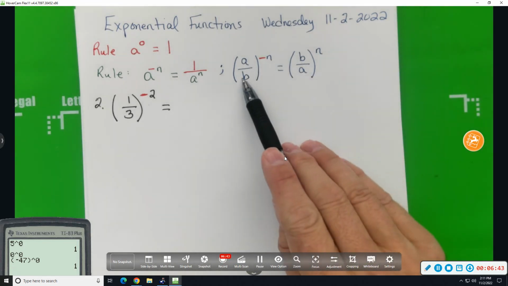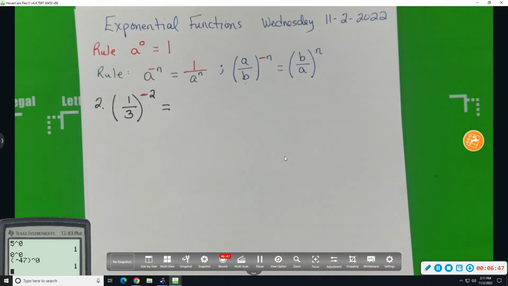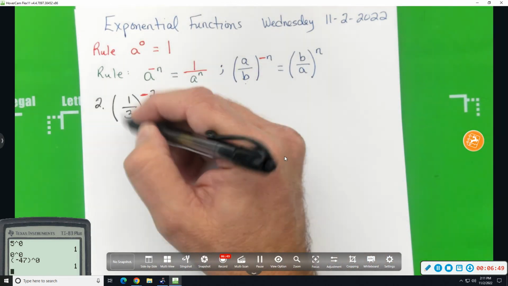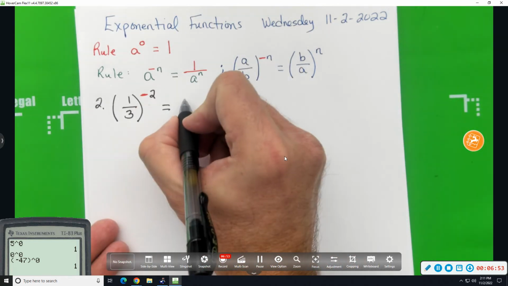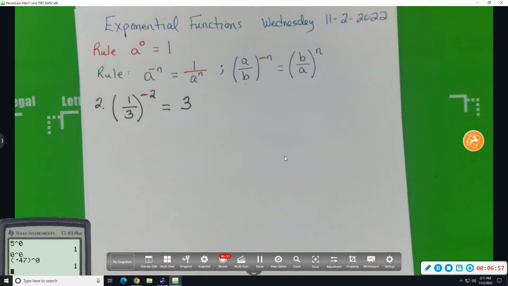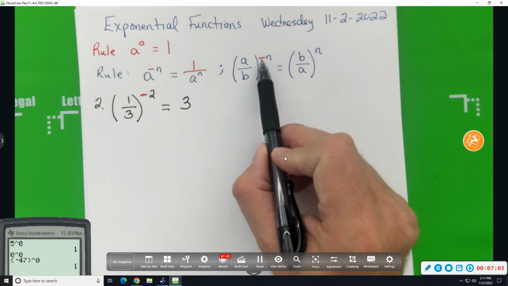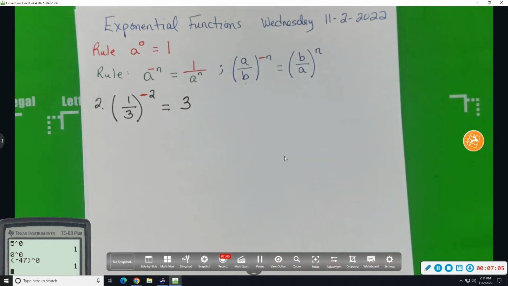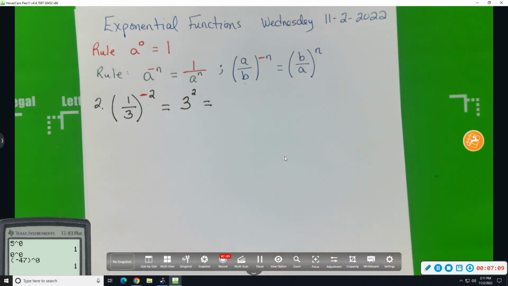You have a fraction to a negative power, so just flip the fraction. Flipping the 1 over 3, we'd get 3 over 1, which we could just write as 3. 3 over 1 just means 3. By flipping it, we drop the negative exponent, so we have 3 squared, which is what? 9?